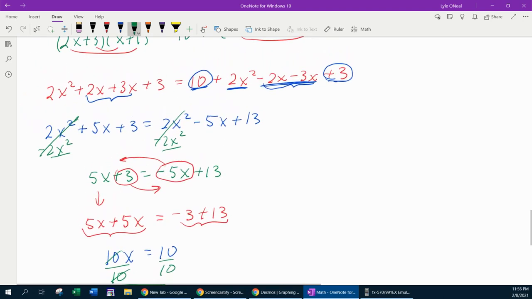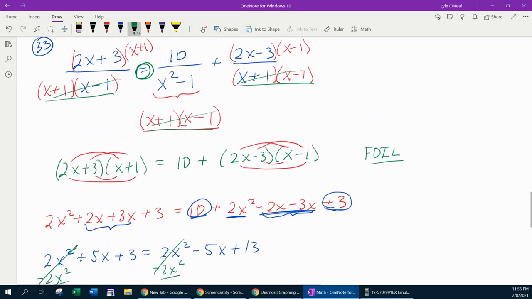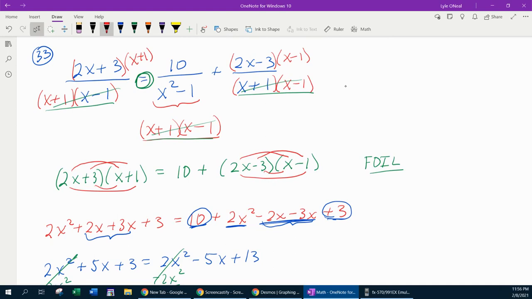And did I forget to write my restrictions again? I am so terrible. I forgot to list my restrictions again. Let's do it. So, looking at the first denominator, we see that x cannot be 1 because 1 minus 1 is 0. Looking at the last denominator, we see that x cannot be negative 1.